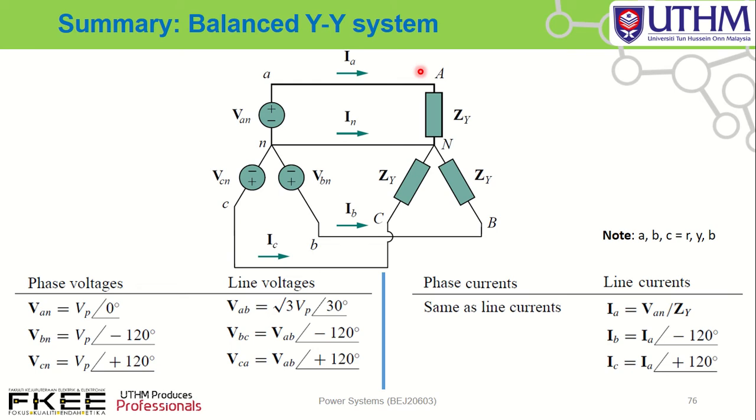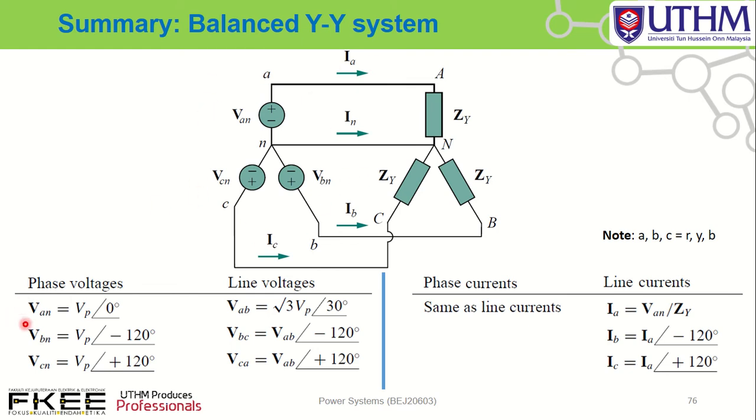line voltage and the phase voltage of the Y connected load basically is equal to the relationship between line and phase voltage at the Y connected source. Let's say we have phase voltages at the generator side or at the source.